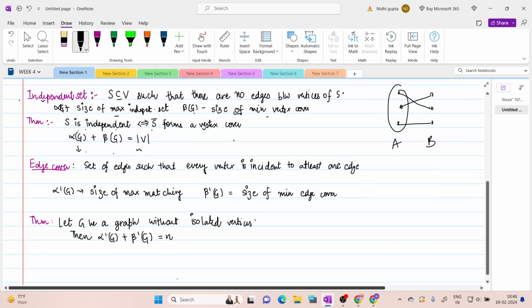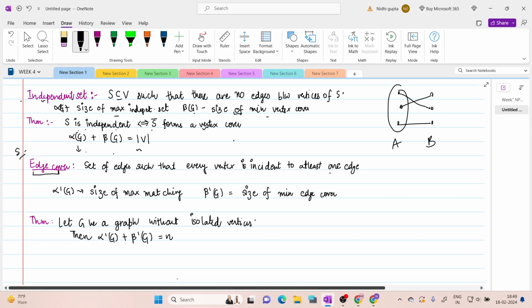Similar to vertex cover, we have a notion of edge cover. An edge cover is basically a set of edges such that every vertex is incident to at least one edge. In vertex cover, we were choosing vertices such that every edge is incident to at least one vertex.